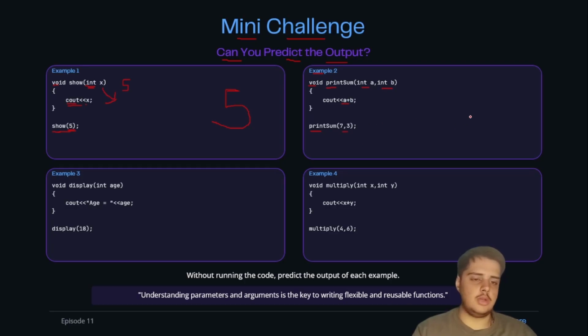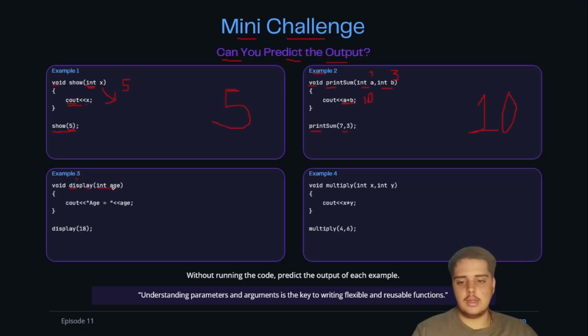I hope you have done it. Tell me the answer in the comments. The answer to this question is 10, because 7 and 3 are given to A and B, and A plus B executes to 10. Coming to example 3, you have 30 seconds.